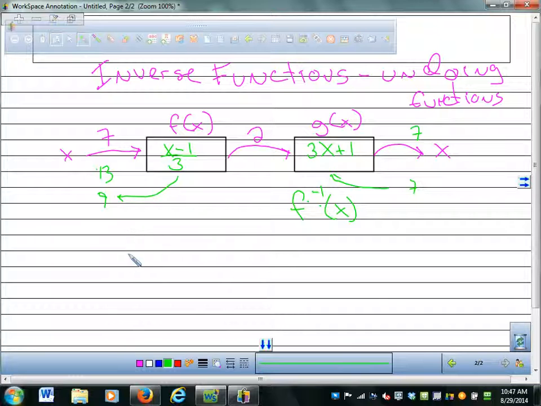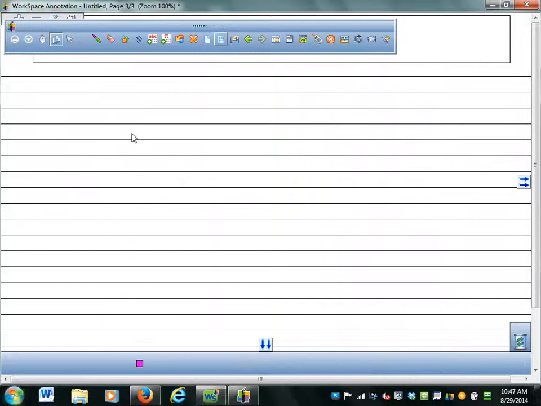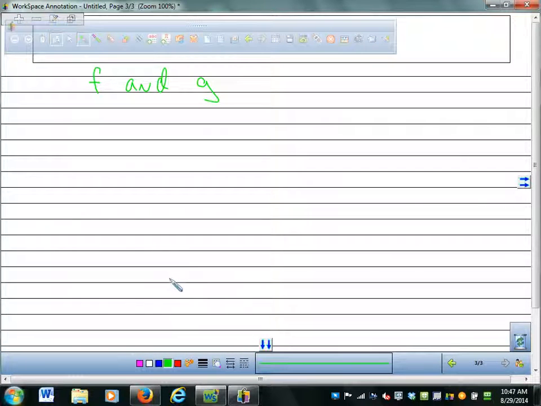So in words, should I draw a new page, or should I stay on this page? Maybe I'll draw a new page. Okay? F and G. Can you see that in green? Oh yeah, that looks better on your screen.